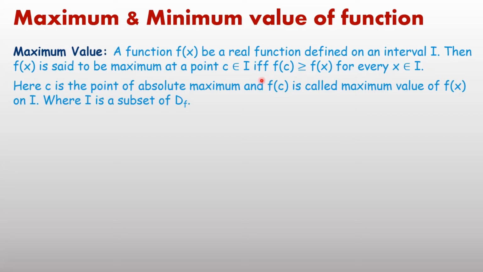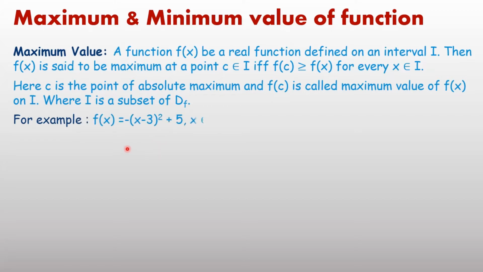It means point c is the point of maximum if the value of the function at x equal to c is the maximum for any real number x in its domain, and the value of f(c) is called the maximum value of the function.